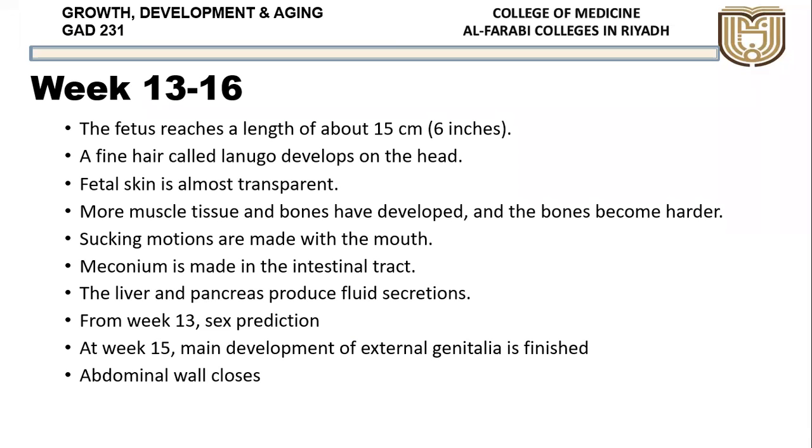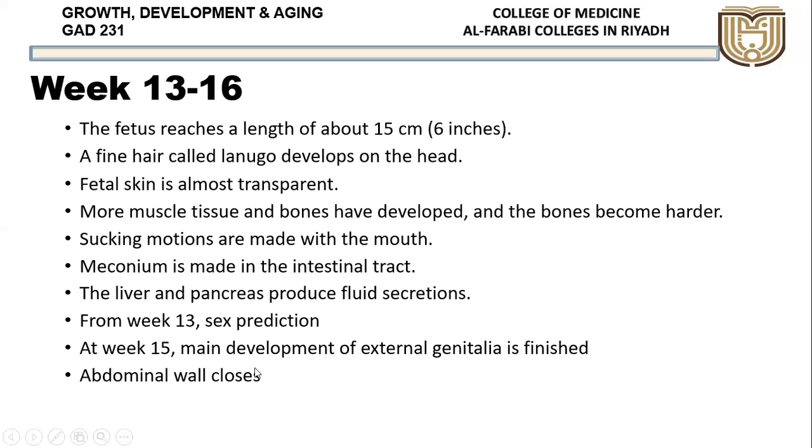So sex determination is at fertilization, and external genitalia are formed at the 15th and 16th week, and you can make out by ultrasound whether it is male or female. Okay, so there are two different features.